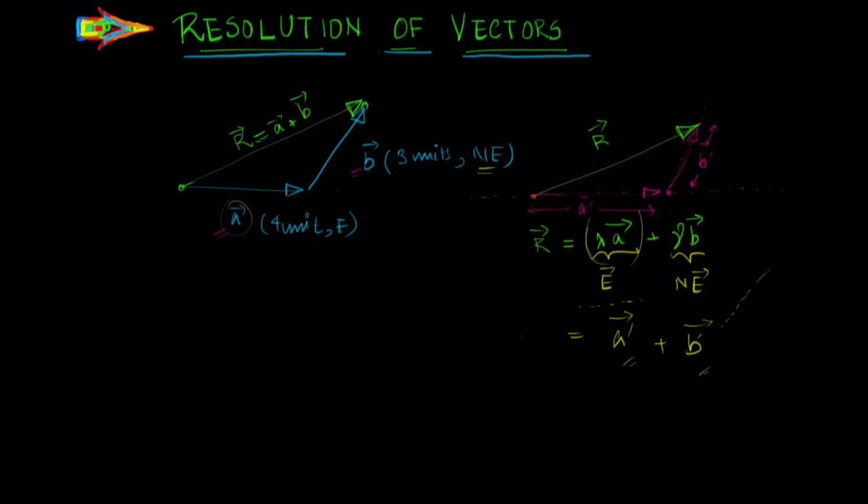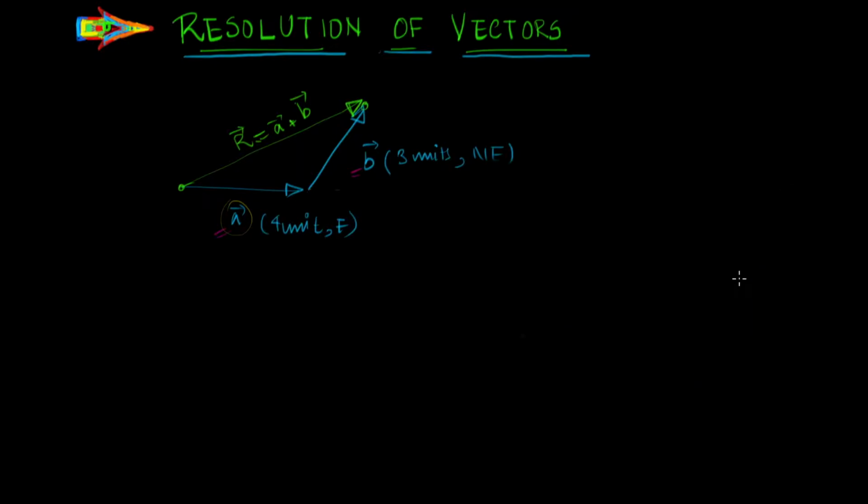If we take some other vector, let's take another vector pointing in, say, this direction. Let this be a vector T. Now we want to resolve T in the form T equals some constant.